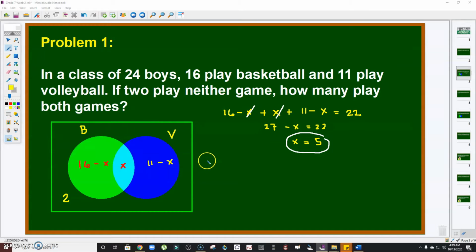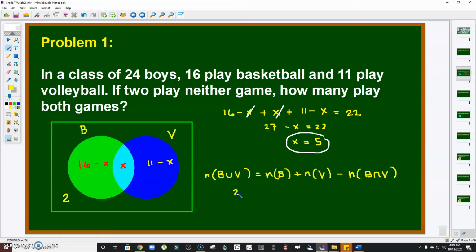We know that the number of elements in basketball union volleyball is equal to the number of elements in basketball plus the number of elements in volleyball minus the intersection of B and V. Now again, the union of basketball and volleyball, that is 22.